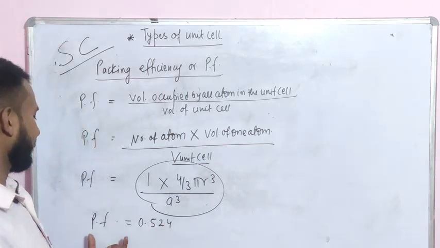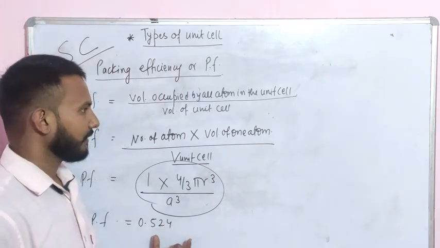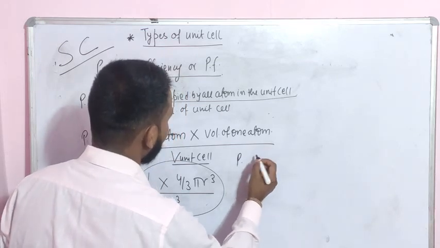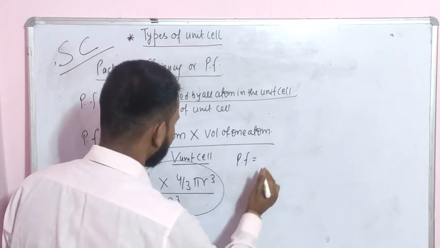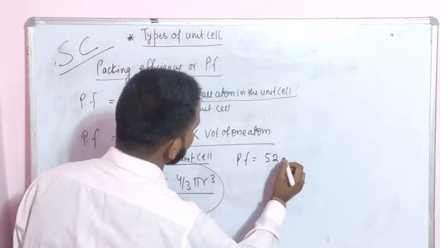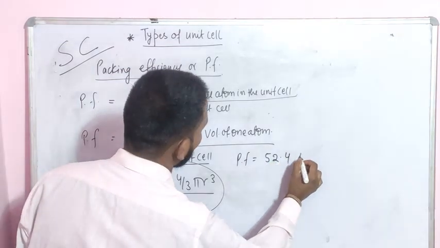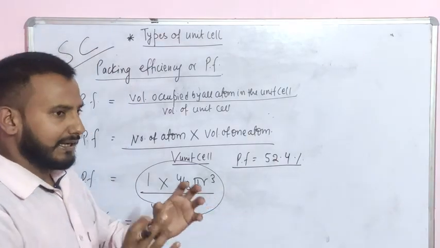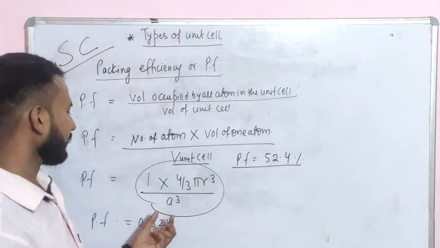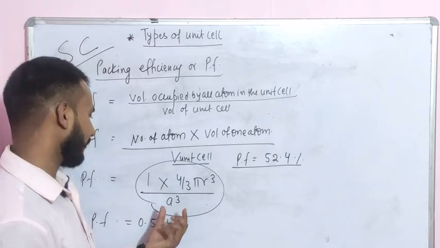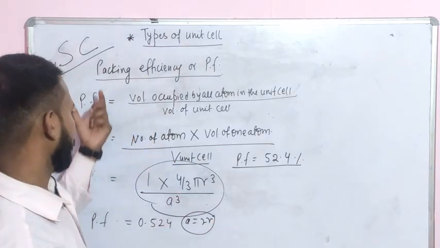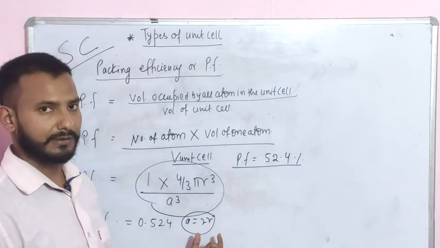0.524. That will be 0.524. So the packing efficiency, on multiplying packing fraction by 100, comes out to be 52.4%. In a cubical unit cell, on solving this, in place of a you can put 2r, with the help of the relation between a and r for simple cubic.